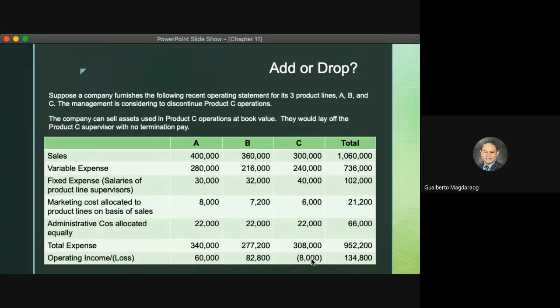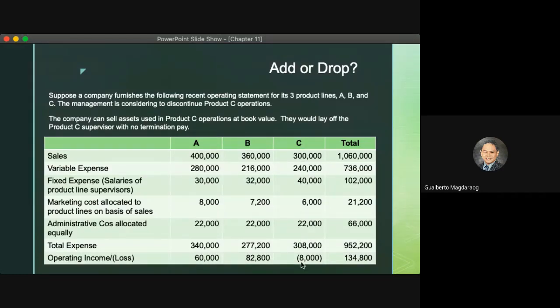hindi naman totally yung 8,000 lang matanggal mo dun eh. Tatanggalin mo rin yung sales niya, the variable expense niya, matanggal din yan. And then merong mga maiiwan ditong mga cost na allocated to him na i-absorb ng remaining product lines. Katulad halimbawa nitong 22,000 na ito. Administrative cost allocated equally.